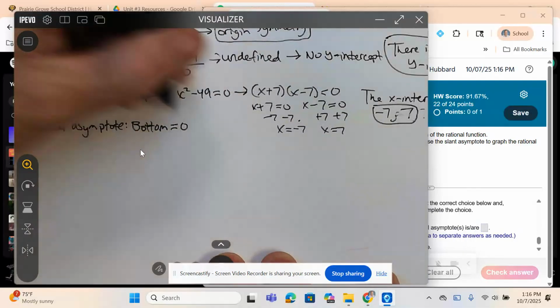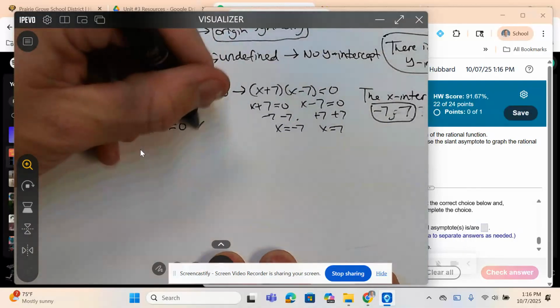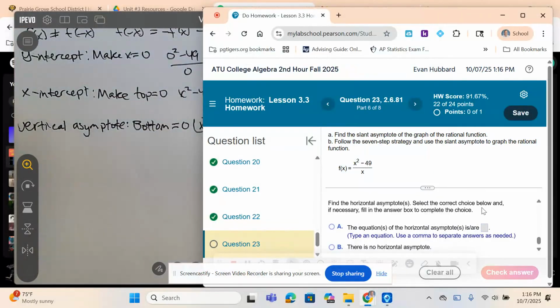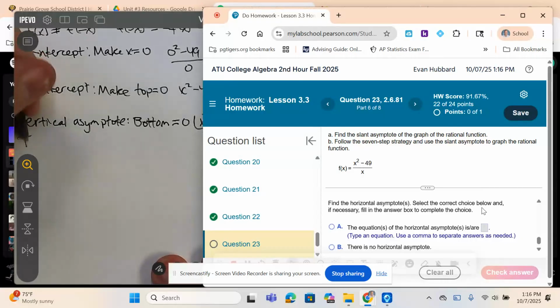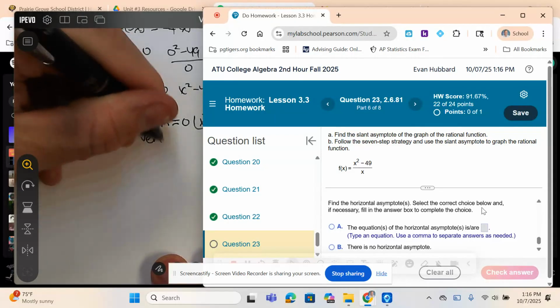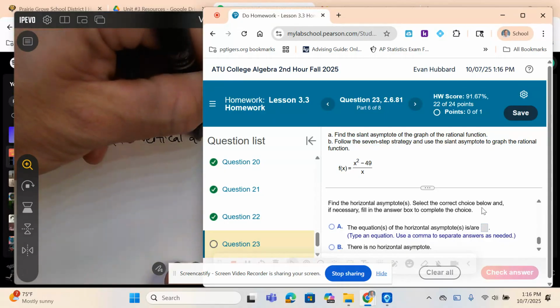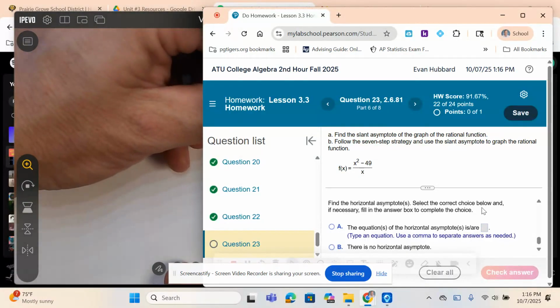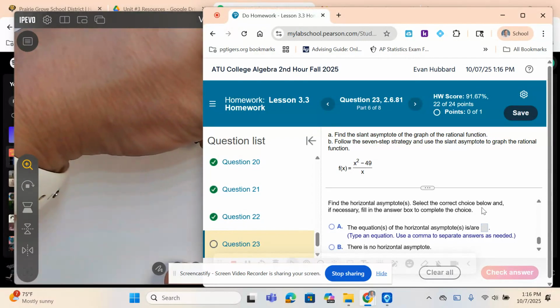So it'd just be x equals 0. Well, it can't do much else besides that. So the equation of the vertical asymptote is x equals 0.